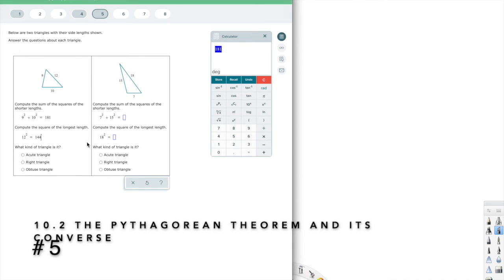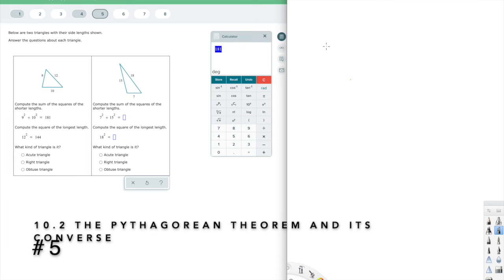Well, when we're looking at the triangle inequality theorem, which we were looking at on the very last problem, we were actually just looking at whether or not it could be a right triangle. So when we're looking at the converse of the Pythagorean theorem, we're looking at c squared compared to a squared plus b squared, and we have three options here.